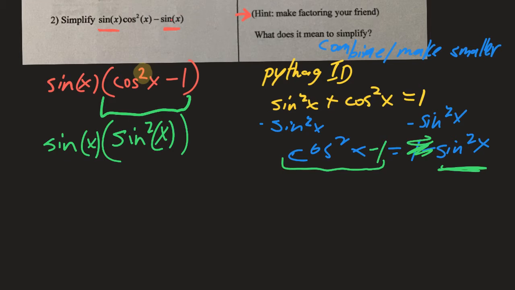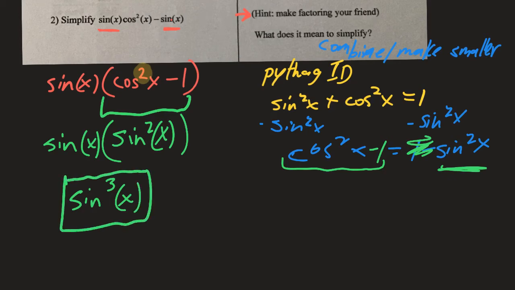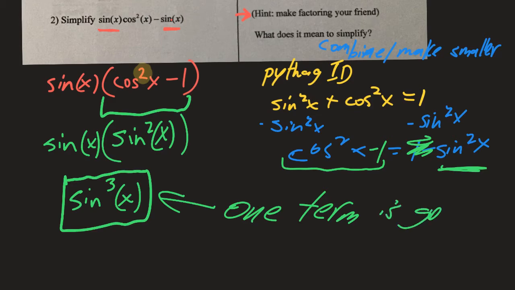So finally, when I put this together, I'm going to have negative sine cubed of x. And this is my most simplified form, okay? My goal is to end up usually with just one term. One term is my goal. So sometimes you'll have something a little more complex than this, but usually when you simplify, you should try to end up with just one single term.